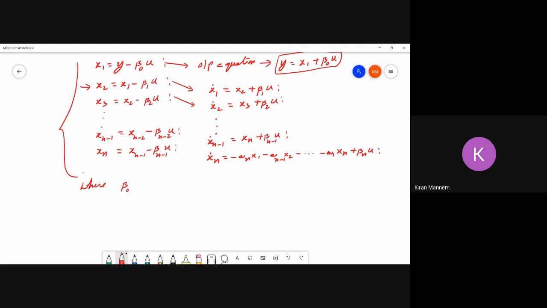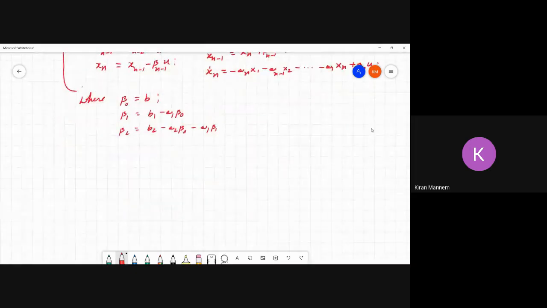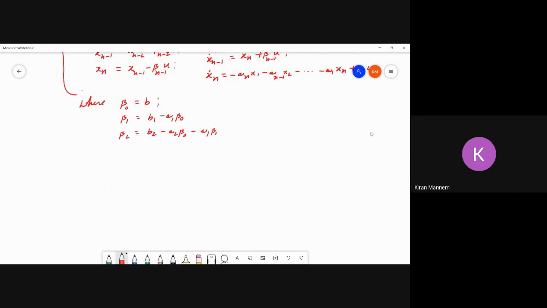Where beta naught is equal to b, and beta 1 is equal to b1 minus a1 into beta naught, and beta 2 is b2 minus a2 into beta naught minus a1 beta 1. So you must remember these beta values.